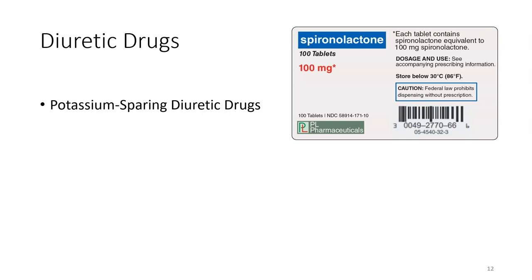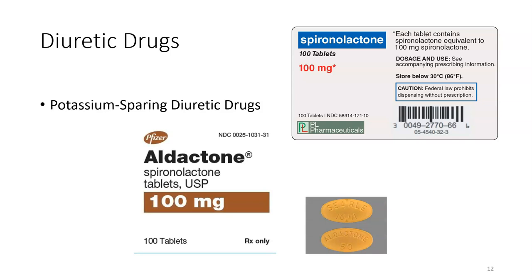So it could cause increased potassium, which is known as hyperkalemia. So we've seen the drug before. The generic name is spironolactone. It's sparing, and its brand name is Aldactone.